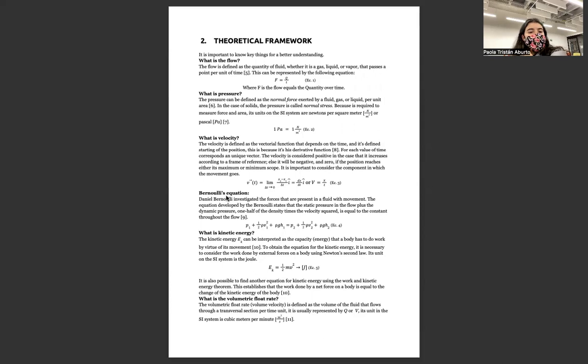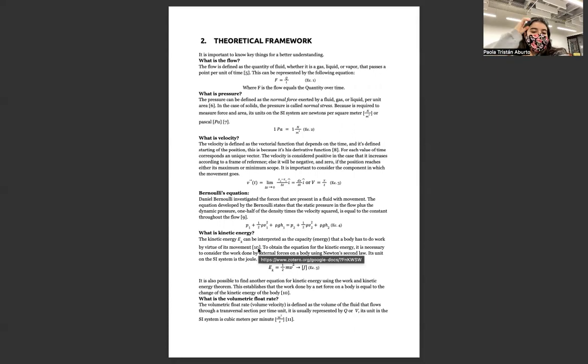The Bernoulli's equation states that the static pressure in the flow plus the dynamic pressure, 1/2 of the density times the velocity squared, is equal to a constant throughout the flow. So we have this equation to represent the Bernoulli's equation.